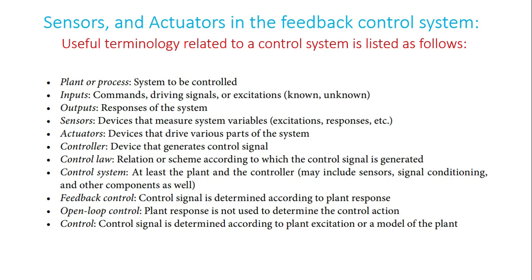Feedback control, control is determined according to the plant response. Open loop control, plant response is not used to determine the control signal. Control signal is determined according to plant information or a model of the plant.